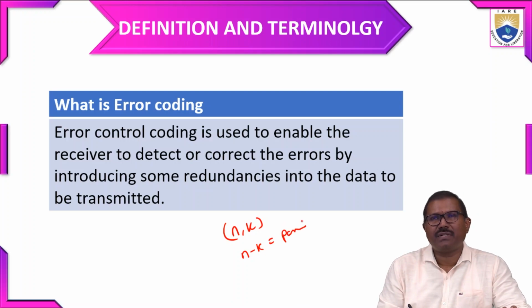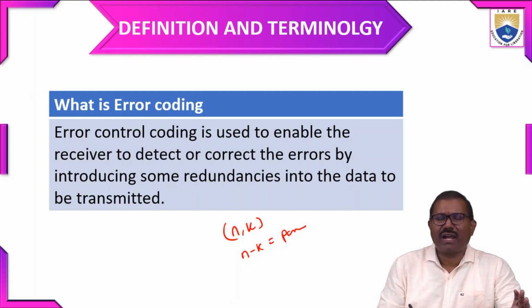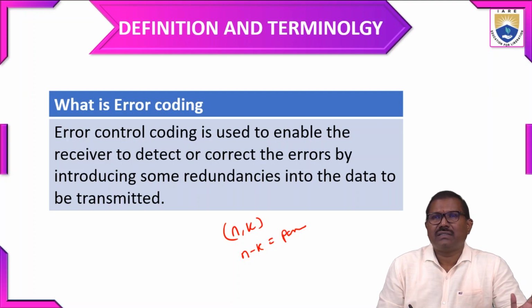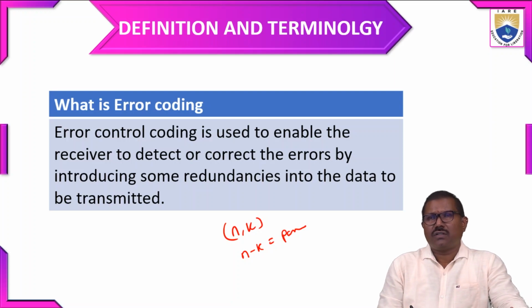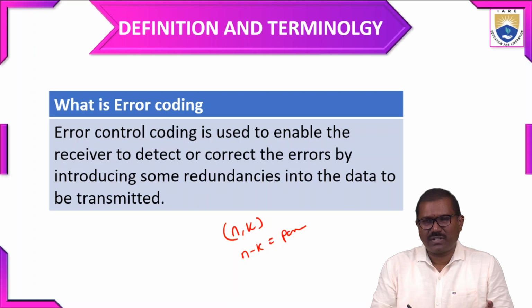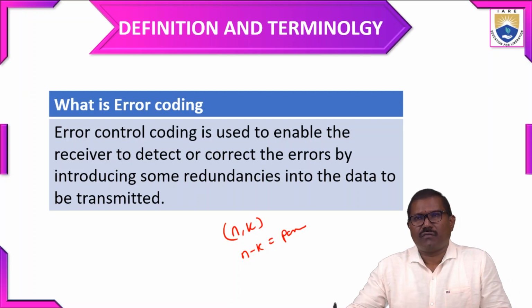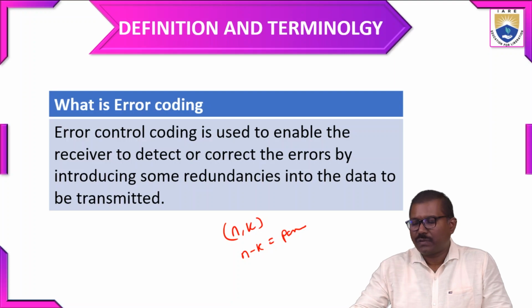N minus k parity bits are added to k message bits, and finally we get the code. We have already seen in previous videos how the n minus k parity bits are added and how the n-bit code is generated. So here we are discussing only the definitions.